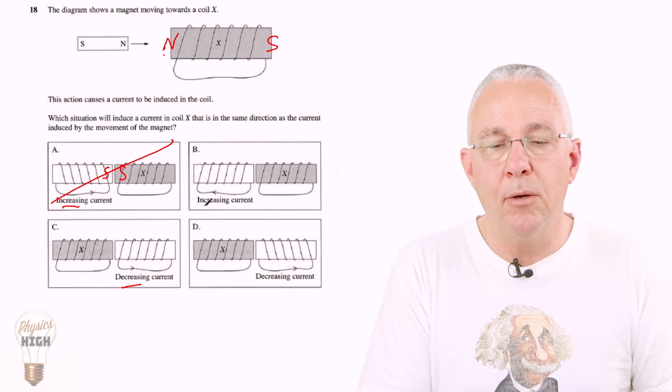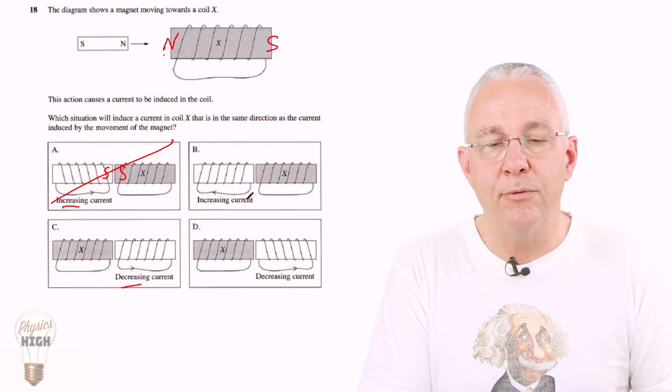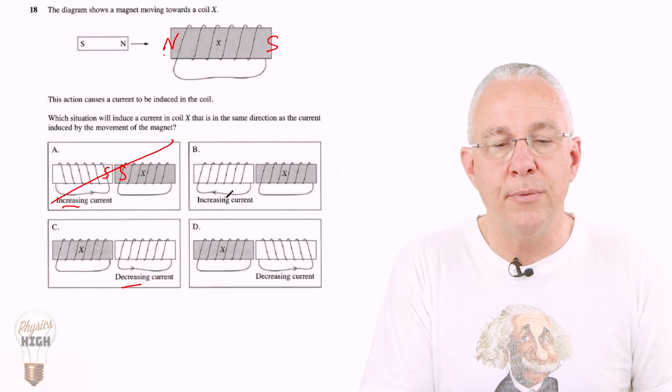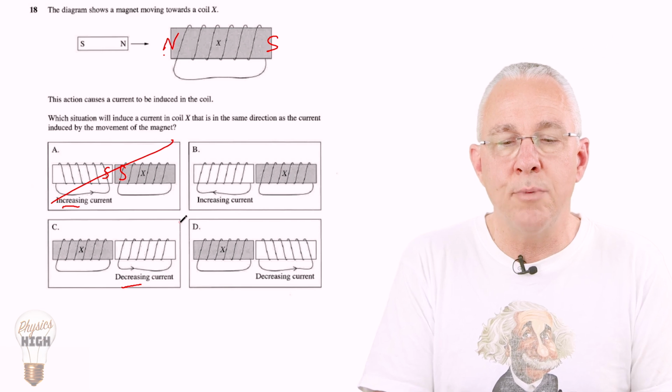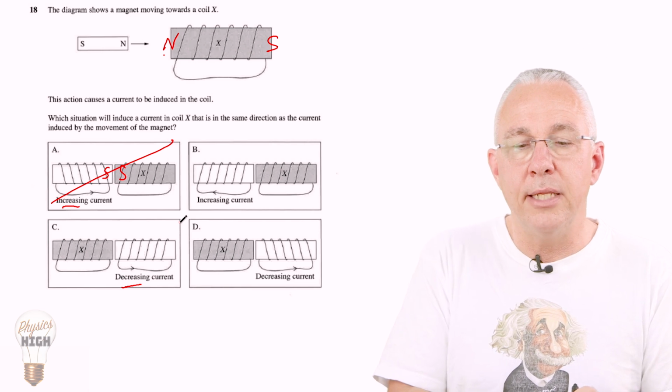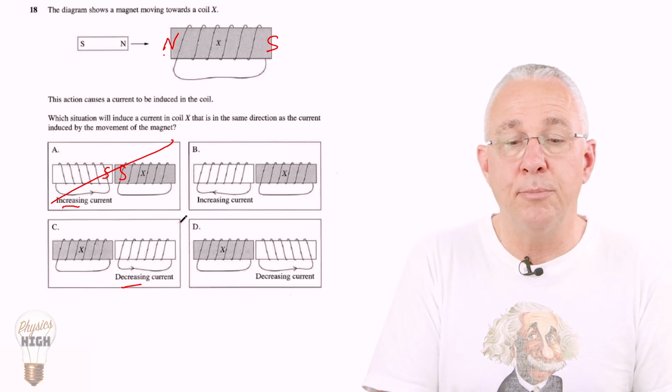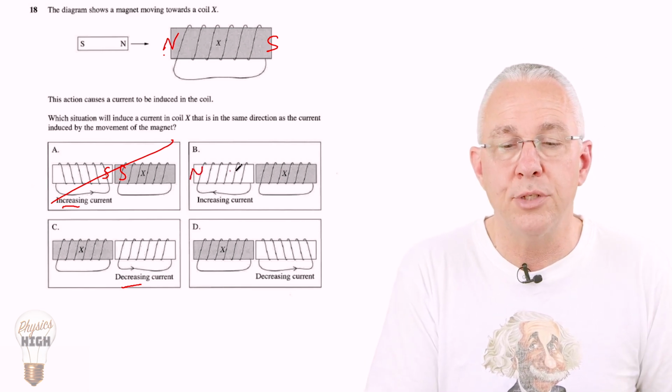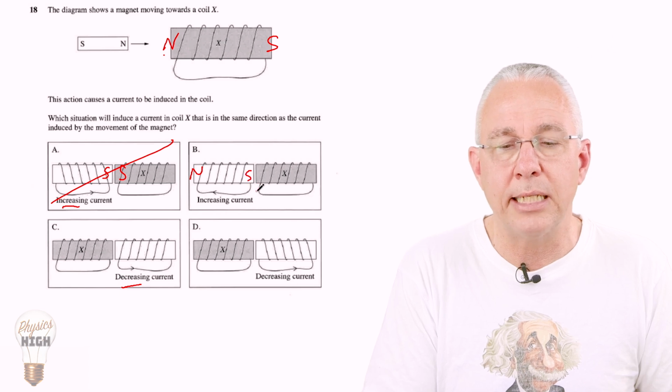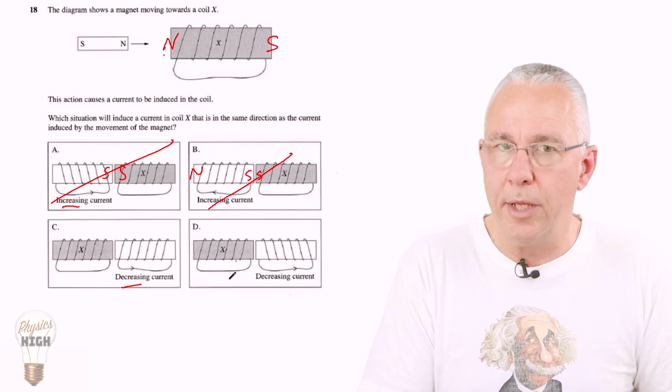What about B? Well, if I use my hand rule again with an increasing current over here, and I again use my right hand grip rule, then what I'm going to have in this situation is I'm going to produce a north here, and I'm going to produce a south here. Well, that is exactly the same effect, and we don't want that.